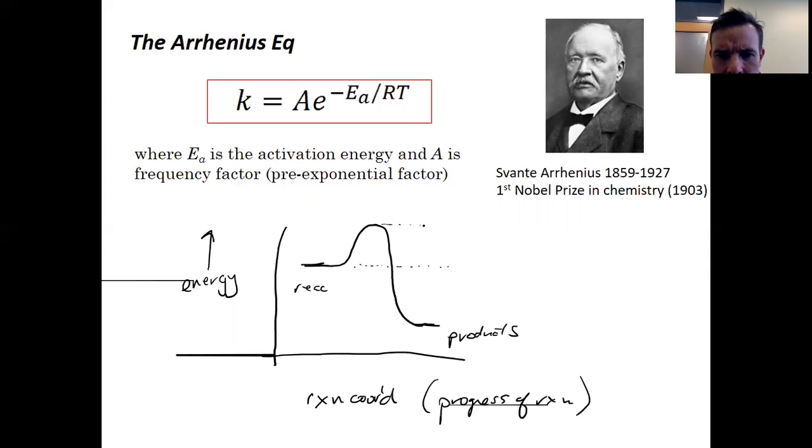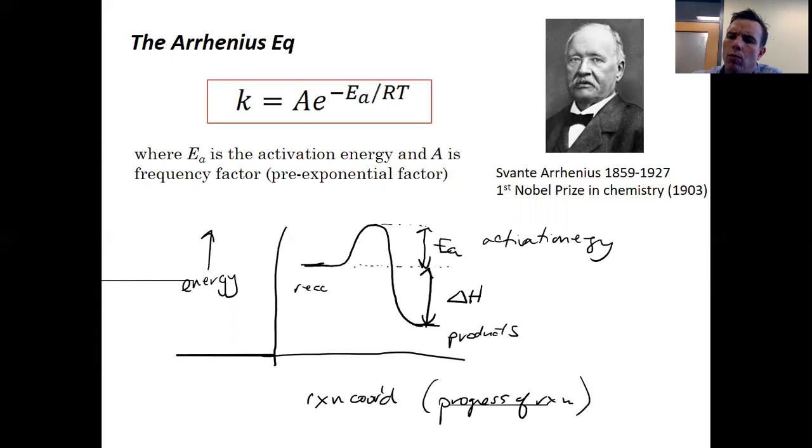The height of this hill is what we refer to as the activation energy. And this difference here between the initial energy of the reactants and the final energy of the products is what we usually associate with delta H. So this was Arrhenius's picture, right?